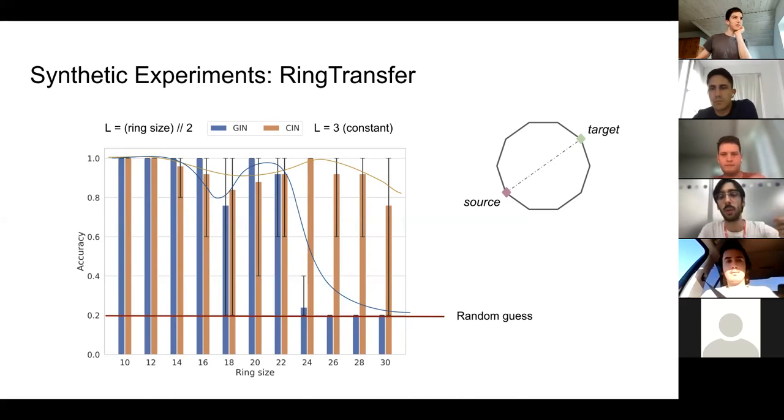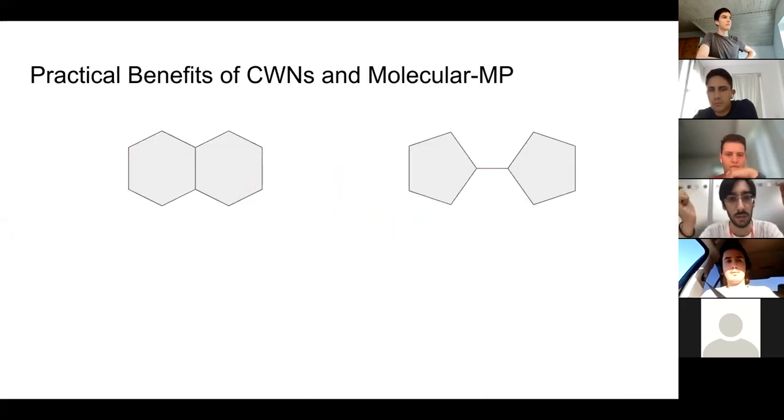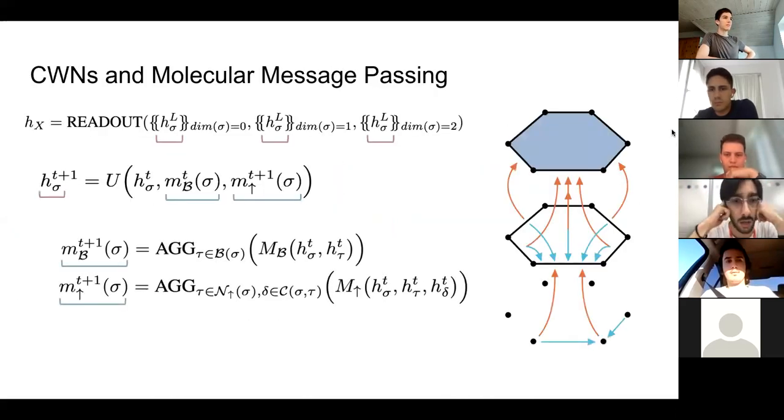Yeah, and the way this information gets from edges to nodes is, if you remember in the cartoon, in the message passing equation we also have, in the upper messages, the representation of the shared co-boundary. So in this case, it's basically this delta here.